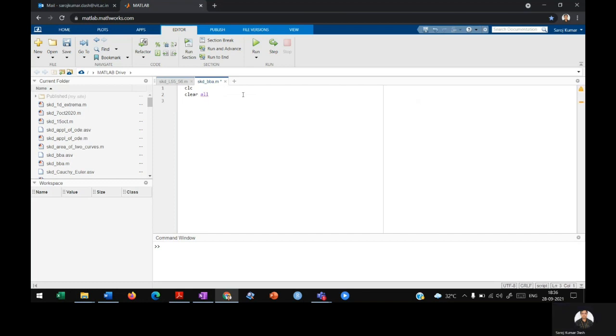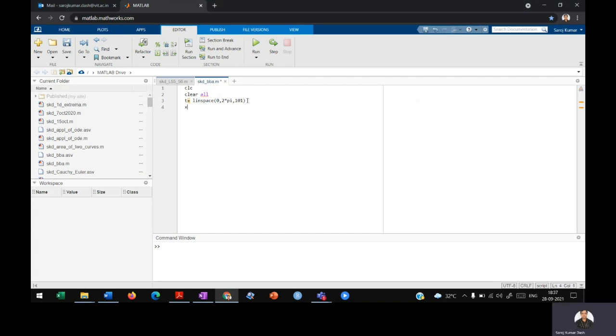Then we use linspace for t, zero to pi. How many points? 101.